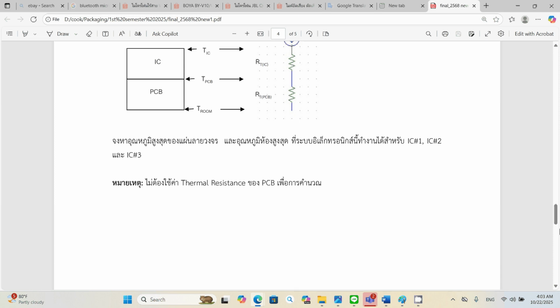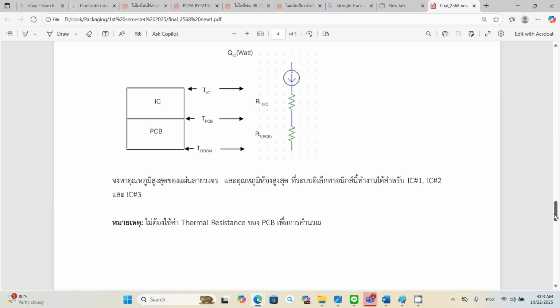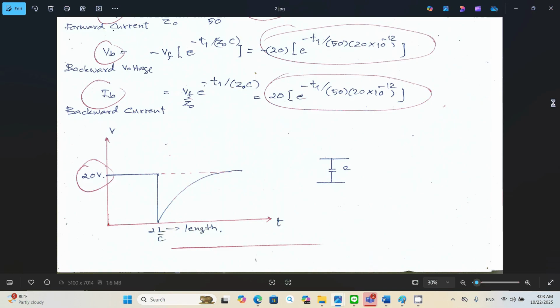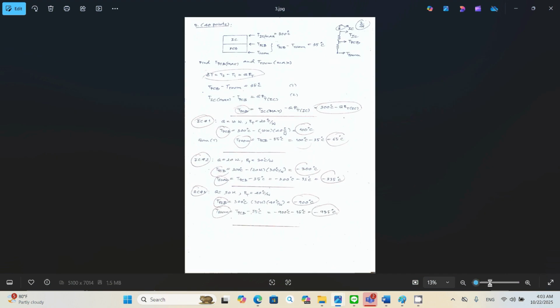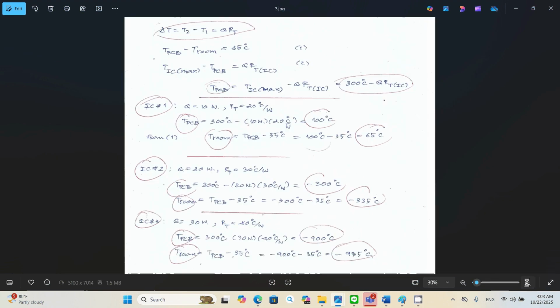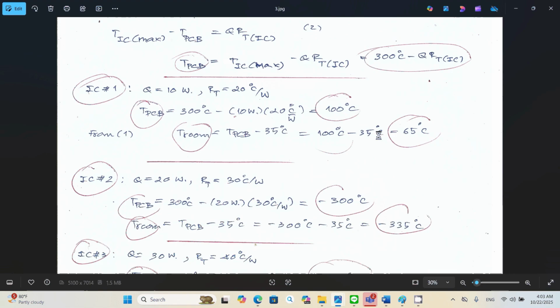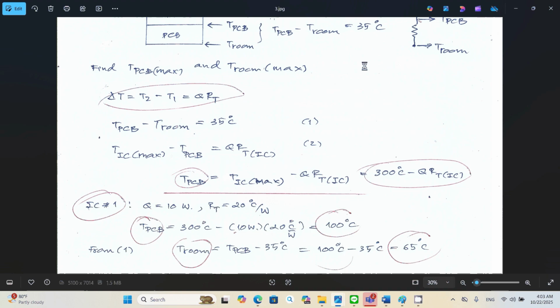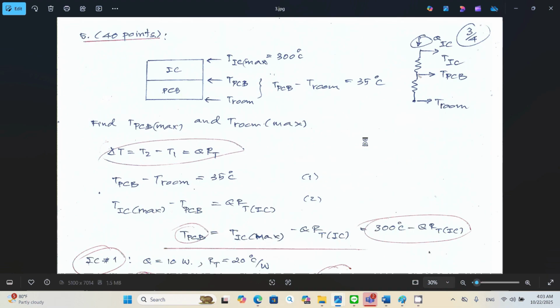Okay, this one you have to think a little bit, but the only equation that you need to apply is delta T equal to Q RT, where Q is the heat dissipation in the unit of watt, and RT is the thermal resistance. They are all given.